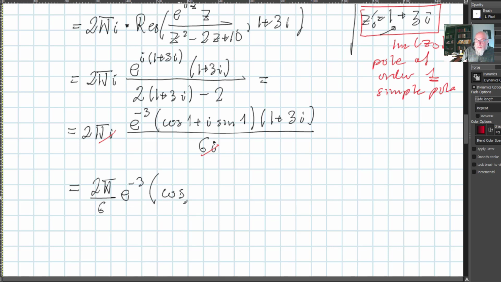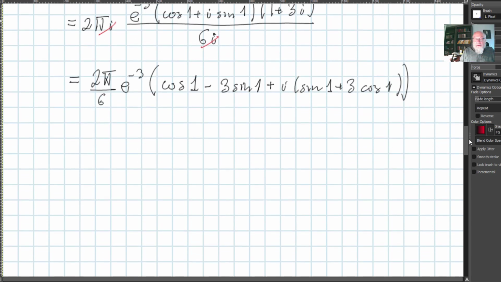So I get cosine 1 minus 3 sine 1, plus i times sine 1 plus 3 cosine 1.